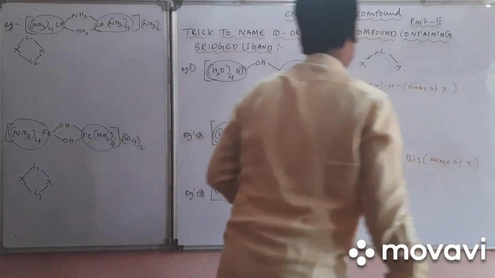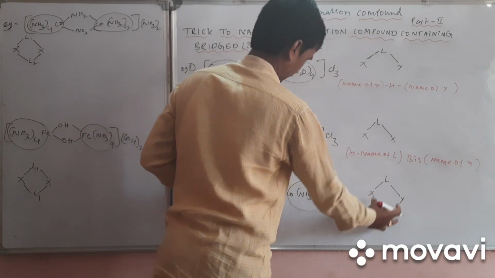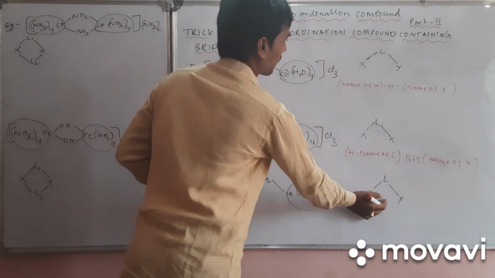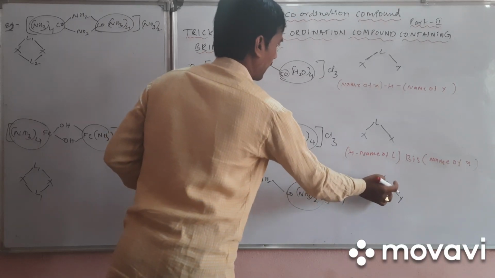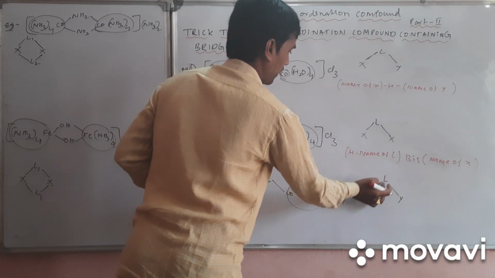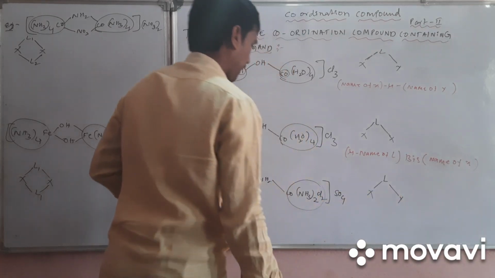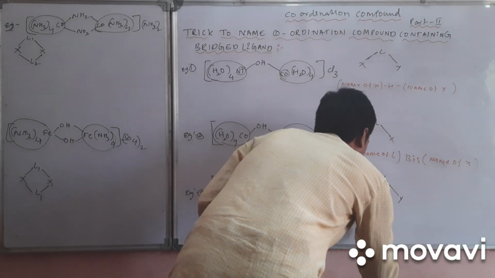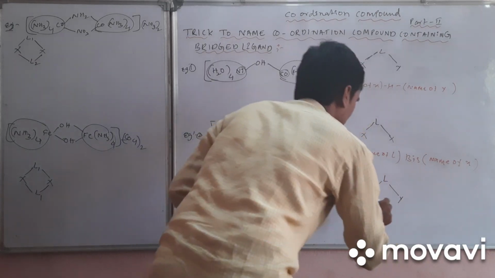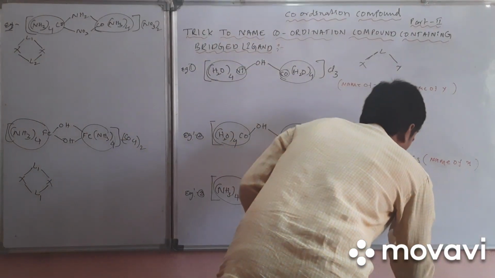Next, name of X. In this case, these two are different, that's why we use the first method. First we use the X name followed by the ligand name, next the name of Y. First the name of X, next followed by the ligand name.